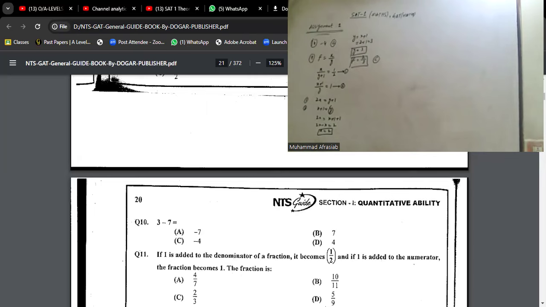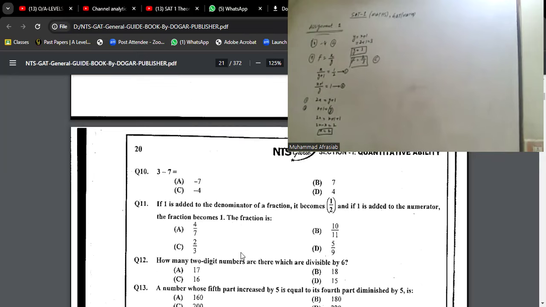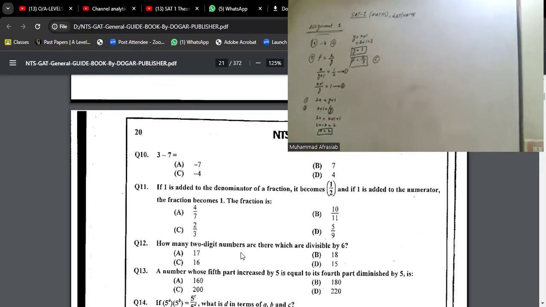Then, how many two-digit numbers are there which are divisible by 6?